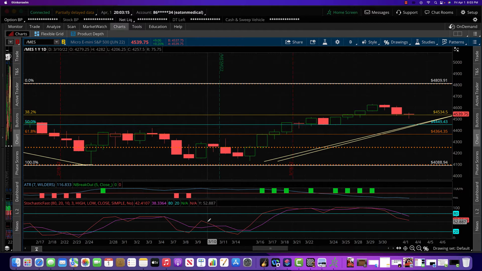Okay, so here's the low. Stochastic's oversold right here, and you're at these quarterly lows. And observe what's happening here. Okay, so you have a level here, you have a range here, have another range here, and right here this range closes above this range.